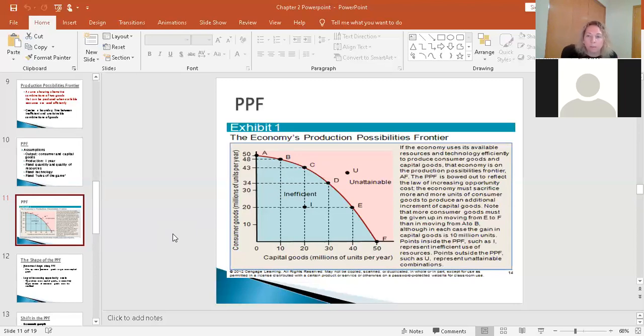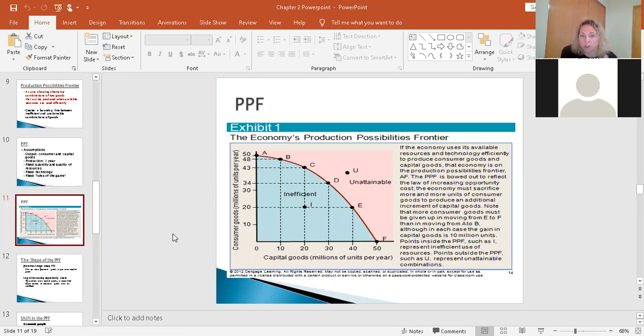So some economies' pool of resources might actually be better suited to making consumer goods and not to making capital goods. As we begin to convert our production from one to the other, what we find is that the resource pool that we have is better suited to making one or the other.